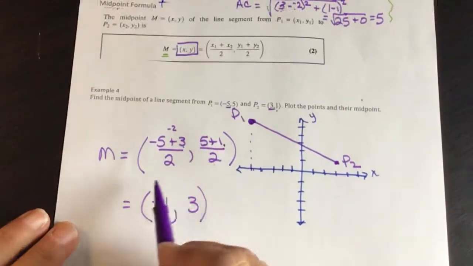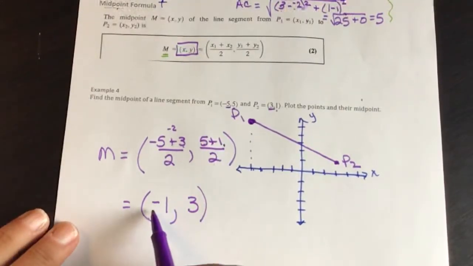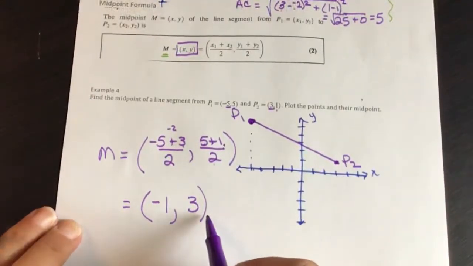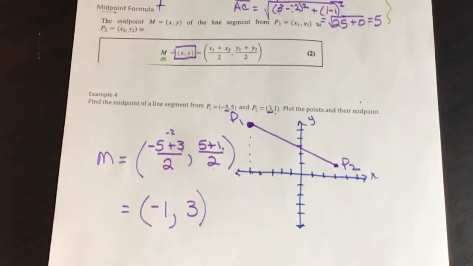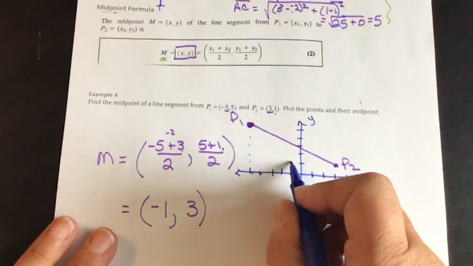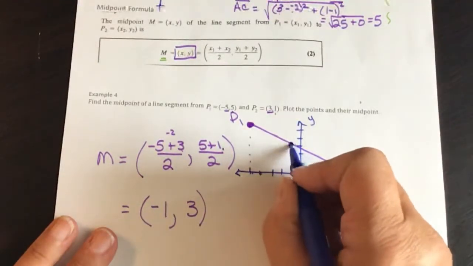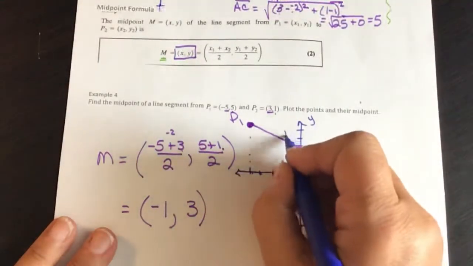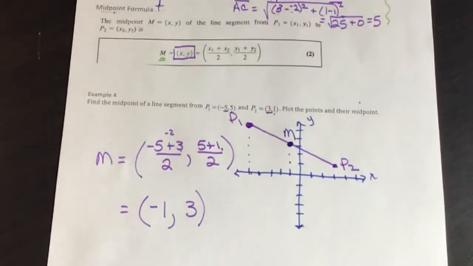So the location of the midpoint is at the point -1, 3. And if I plot that on my graph, -1, up 1, 2, 3, there is my midpoint, which is halfway between points 1 and 2. Nice and easy first lesson.